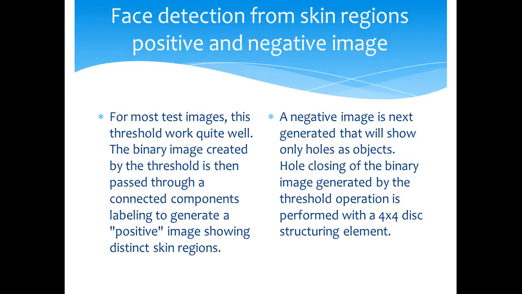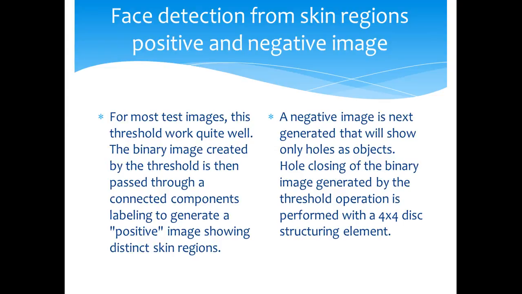So here is a comparison of them. For most of the test images, we will have the positive image. This through-hole work quite well. The binary image created by the through-hole is then passed through connected component labeling to generate a positive image showing distinct skin areas. But there may also be some negative images.